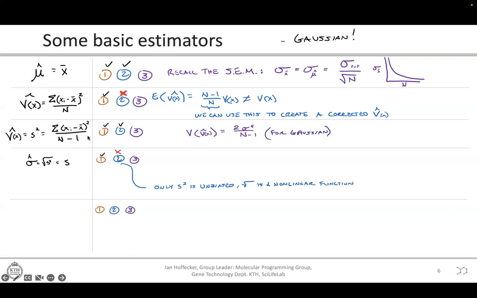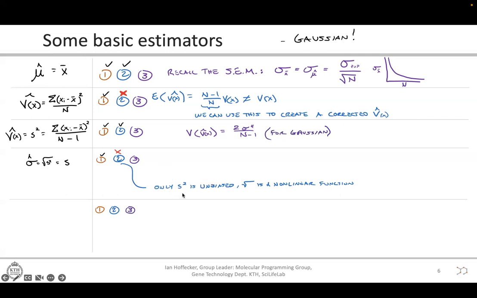Okay, what about the standard deviation in that case? In this case, we actually do also have a bias for standard deviation if we just take the square root of s squared, the unbiased estimator. But in most cases, this is what is done anyway.